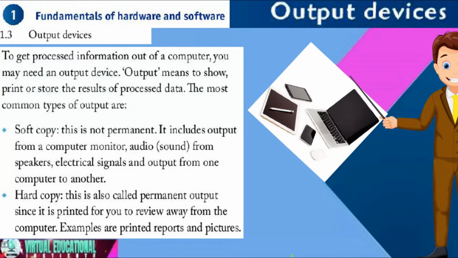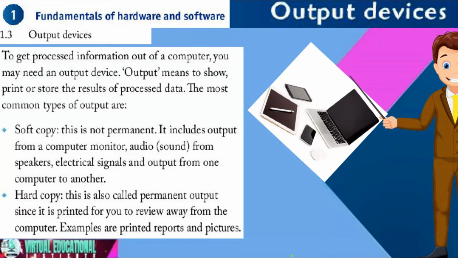And this is not permanent. This soft copy may be in the format of audio, such as sound coming from the speaker. It may be electrical signal. It may be an image on your computer monitor. Those are formats of soft copy output.